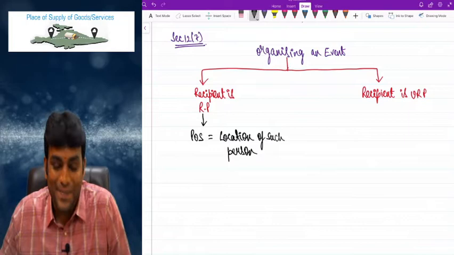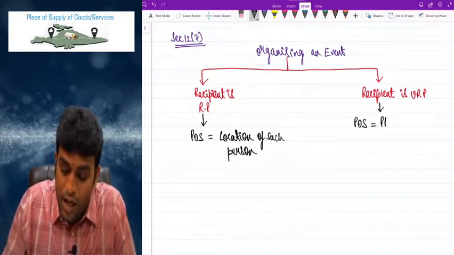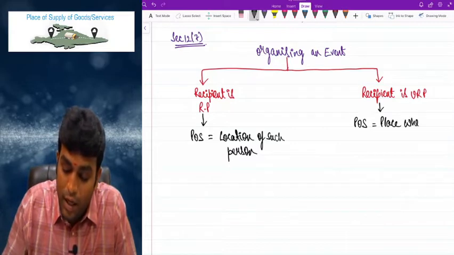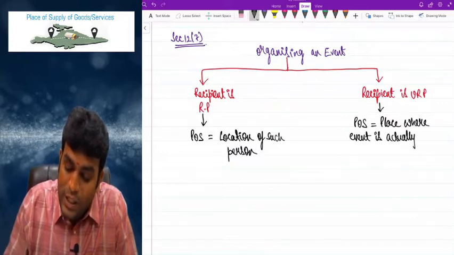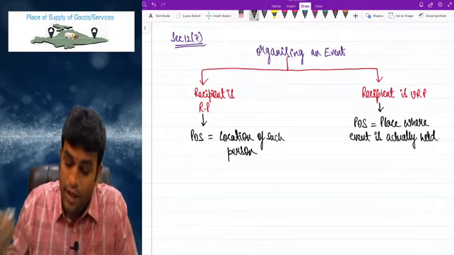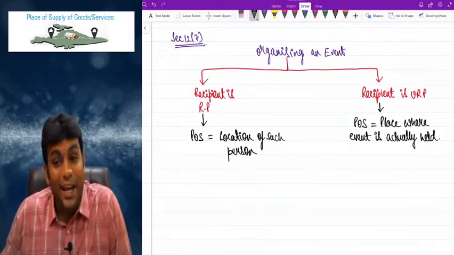No doubt in that. And if the recipient is an unregistered person, place of supply will be the place where the event is actually held.